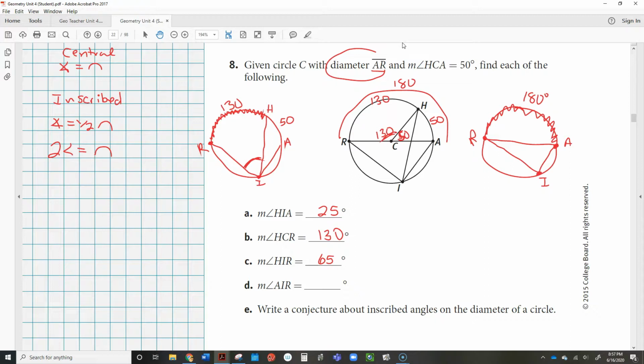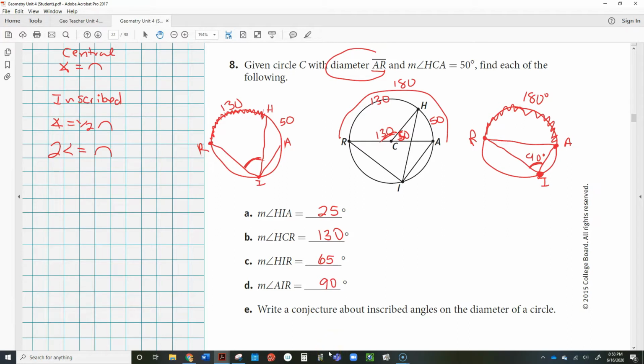So the measure of angle AIR, the intercepted arc of that inscribed angle, the angle is going to be half of the arc. So the arc is 180, so this is going to be 90, because half of 180 is 90.